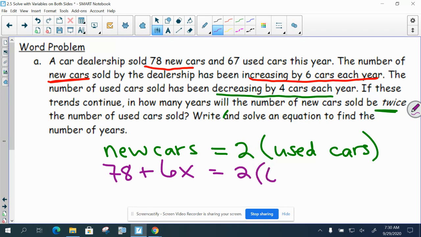You start with 67, and you decrease by 4 cars each year. So now we're going to find x, which is going to represent the number of years that the new cars will be twice the number of used cars.